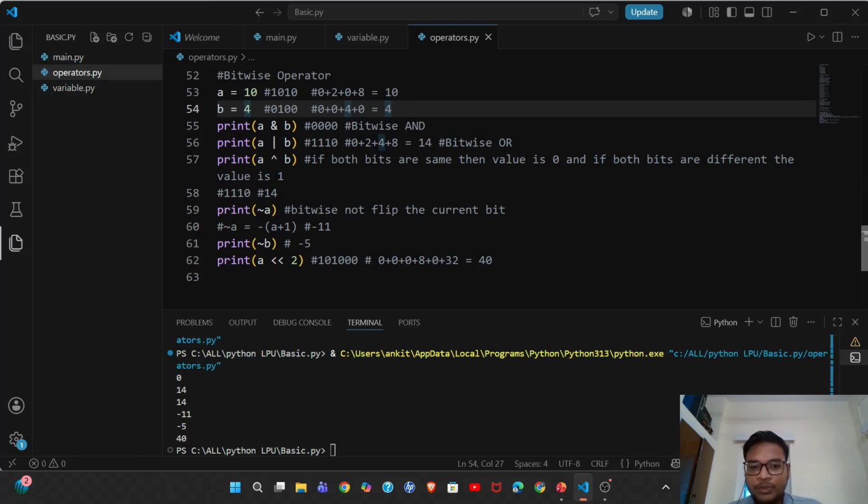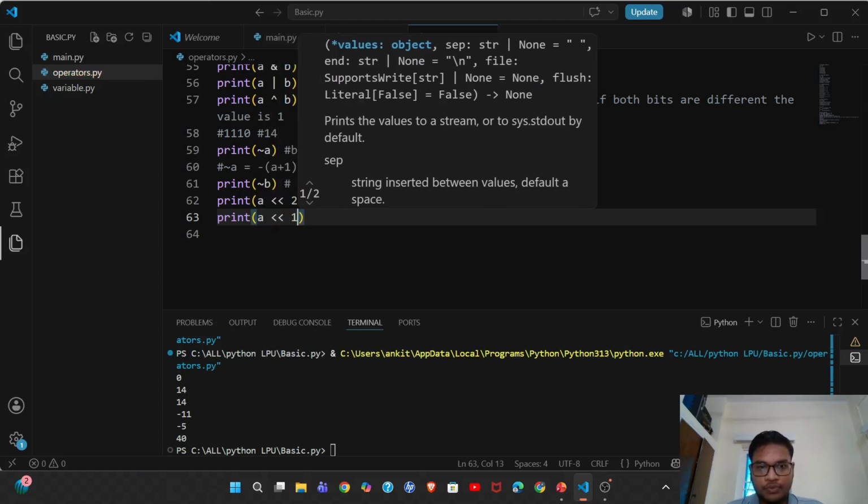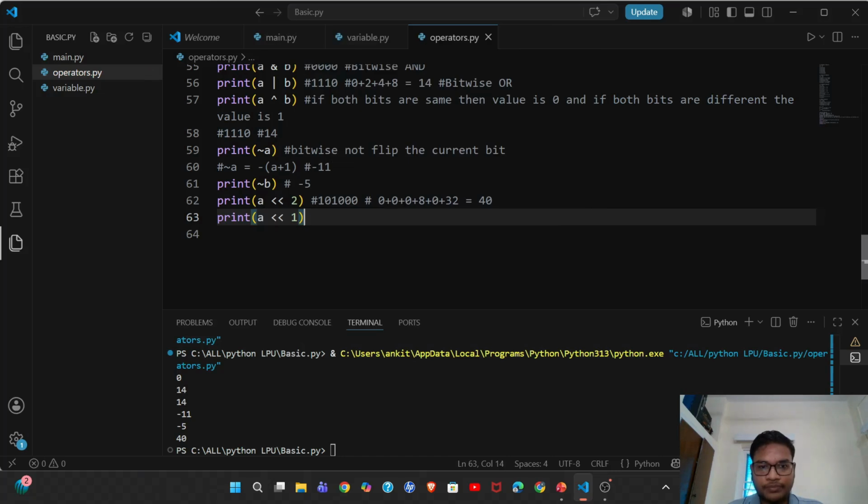If you want to shift by one, print A left shift 1, this type. So what does it mean? It means the bit is only shifted one side. Like the output is 10100.